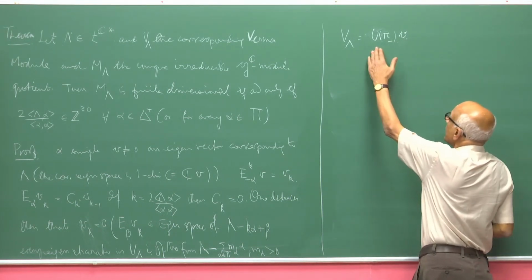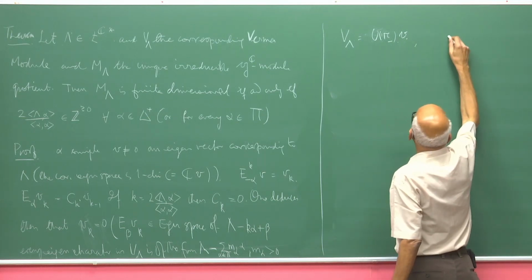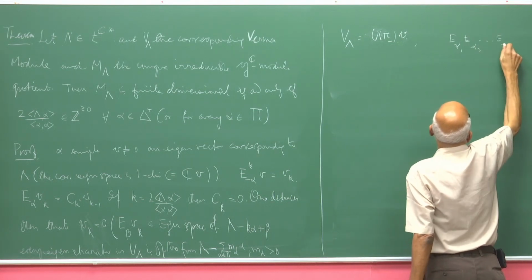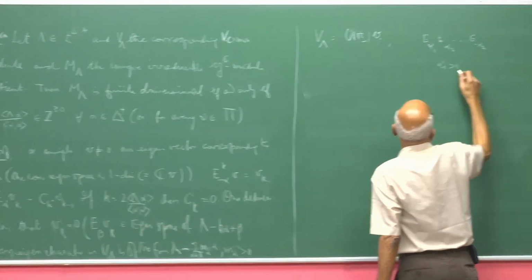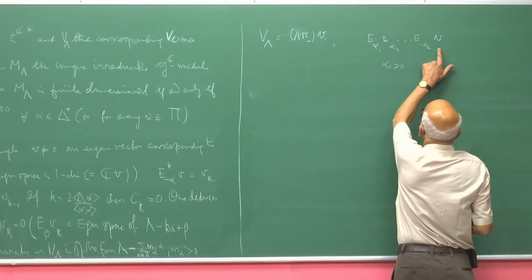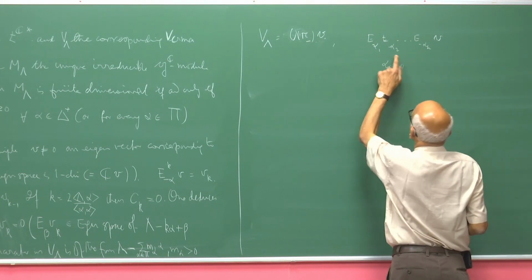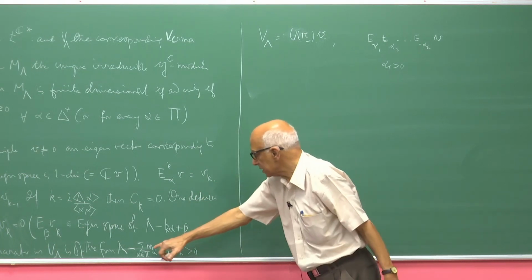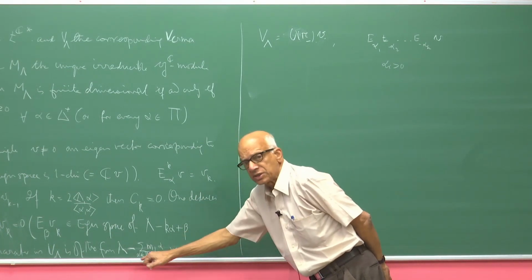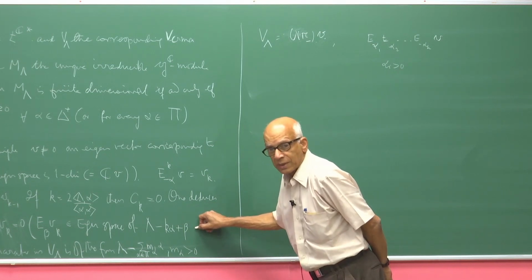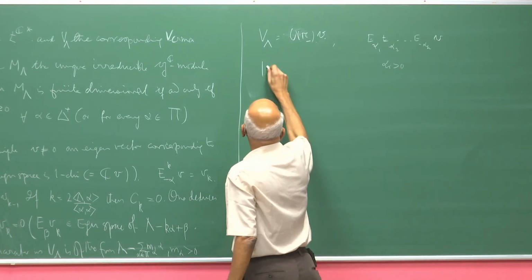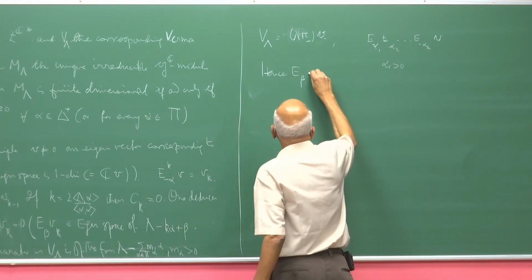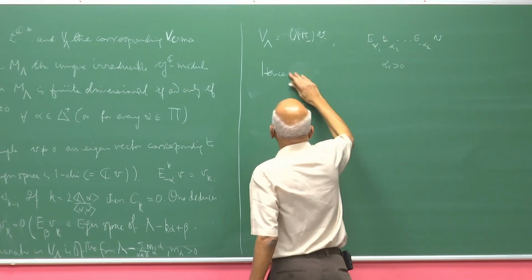If you look at elements coming from here, that will mean that you are looking at E_{-α1}, E_{-α2}, etc., E_{-αk} with all the α_i positive applied to v. Then the eigenspace is going to be λ minus α_k minus etc. minus α_1, which is therefore of the form λ minus. If I write the simple roots, it will always be like this, but this is not of that form. This shows hence E_β v_k, hence v_k has to be 0.